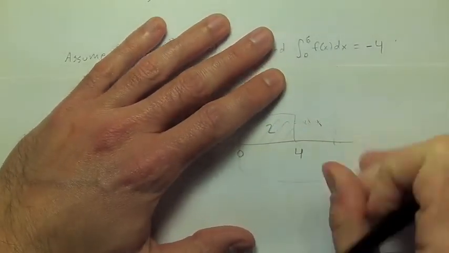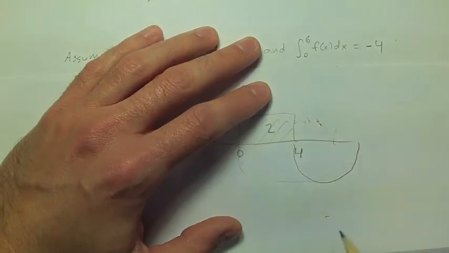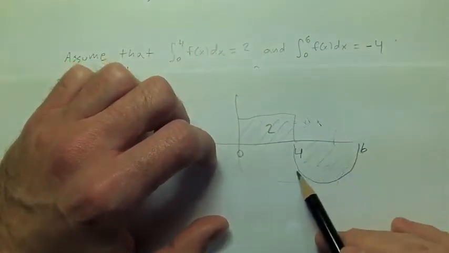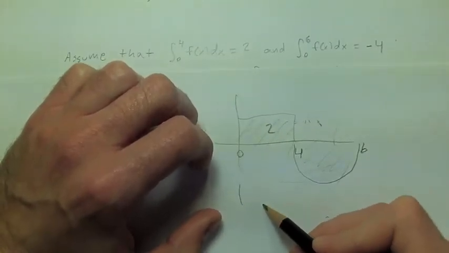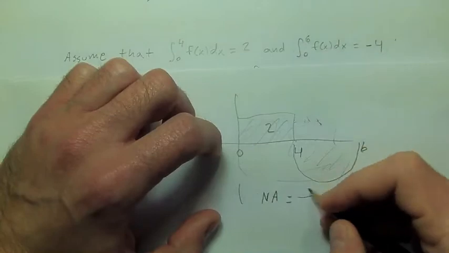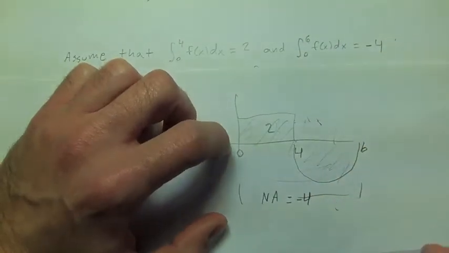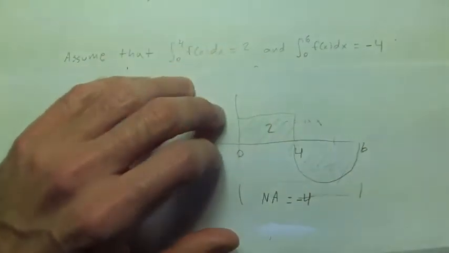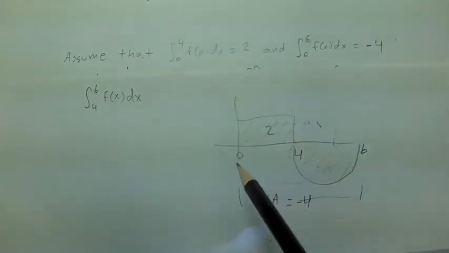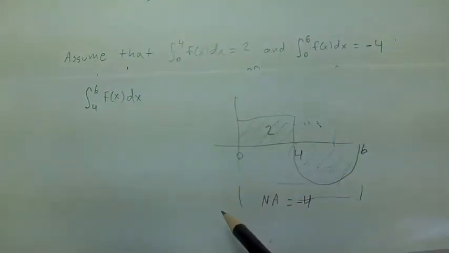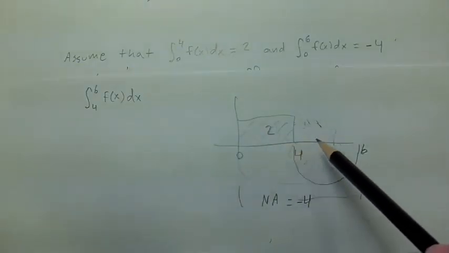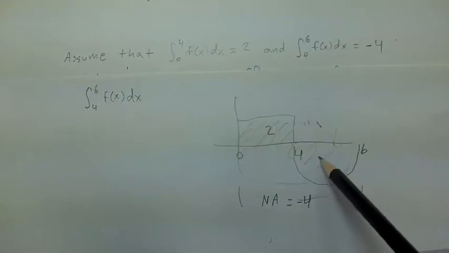So I need some things beneath, because the whole area, net area I should say, is negative 4. So if the area from 0 to 4 is 2, and the area from 0 to 6, the whole shebang, is negative 4, what must this area in here be?